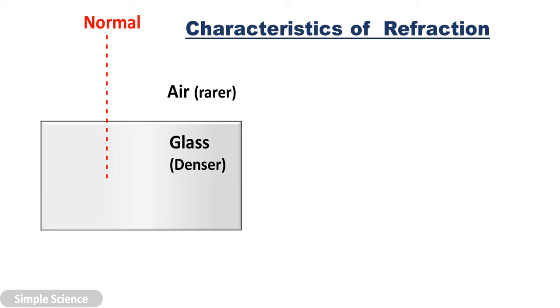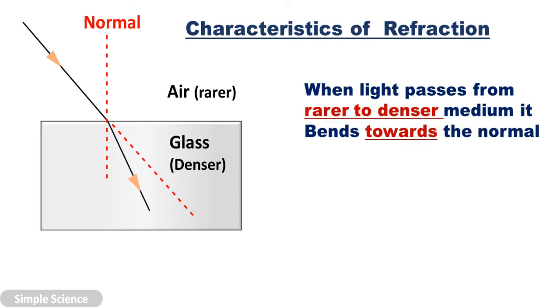Now, characteristics of refraction. What are the characteristics of refraction of light? First characteristic: you know that when light is incident on a glass surface, or when it is traveling from air to glass, this should be the path of the light ray, but it bends. It bends towards the normal as it is going from air to glass, or rarer to denser medium.